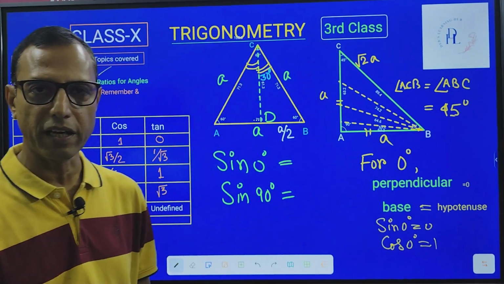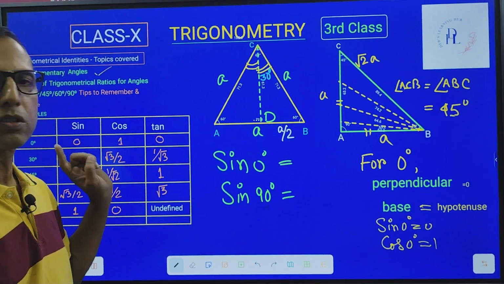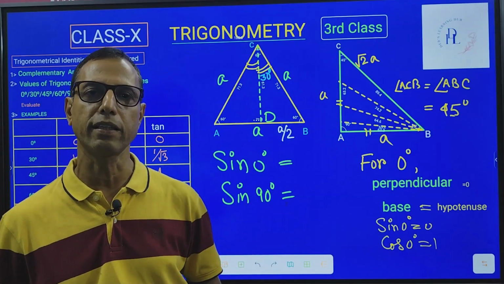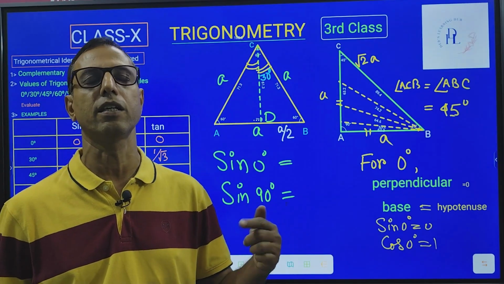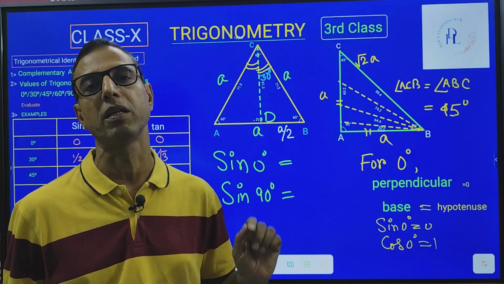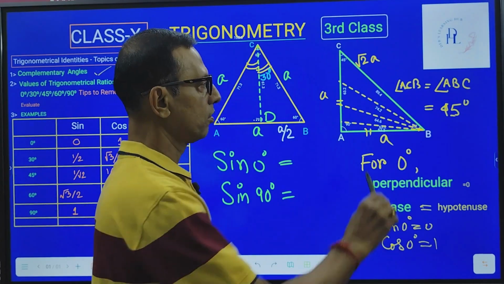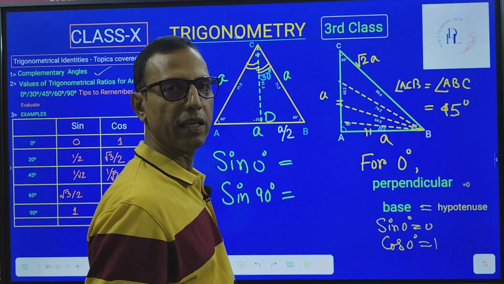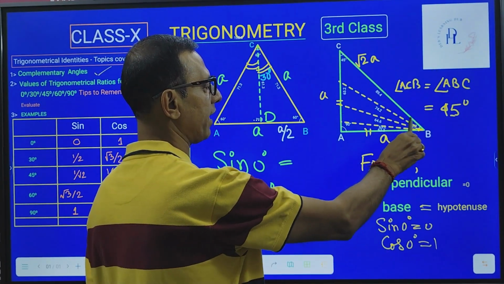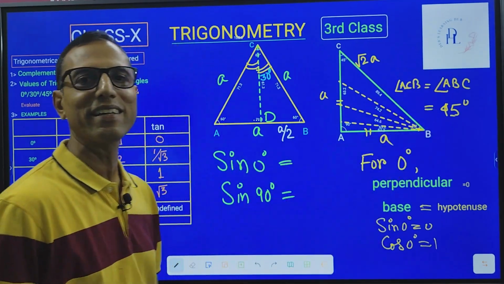So now you understand from the geometrical concept how these values sin 0, cos 0, sin 30, cos 30, sin 60, cos 60, sin 45, cos 45, all these values in the table are coming. And with respect to 90 degree, what is going to happen? When this angle gradually increases towards 90 degree, it will be converted to a rectangle.